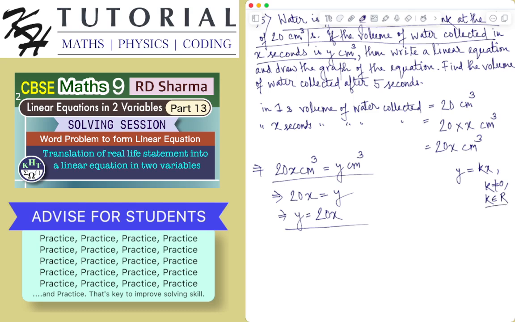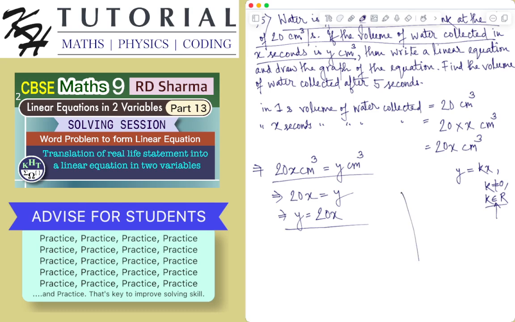This is a notation from set theory, which means that k is a real number. So if any equation is of the form y equals to kx, the graph of this equation will always be a line passing through the origin, and it will not have any intercept either on the y-axis or x-axis.